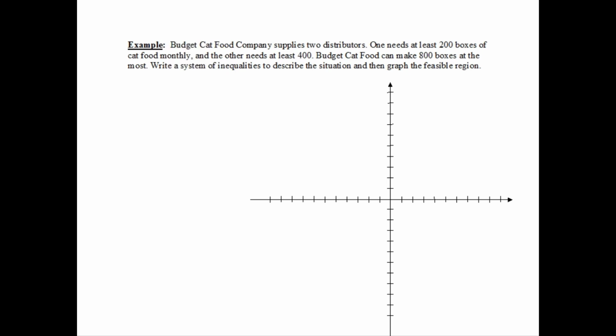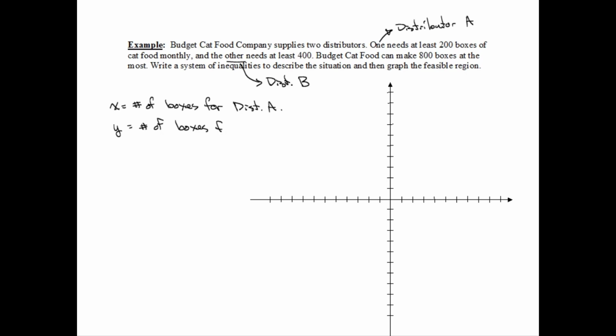We don't have names for our distributors, so let's call this one distributor A. And this one that needs 400, we're going to call distributor B. So we're going to let x be the number of boxes for distributor A, and we're going to let y be the number of boxes for distributor B.